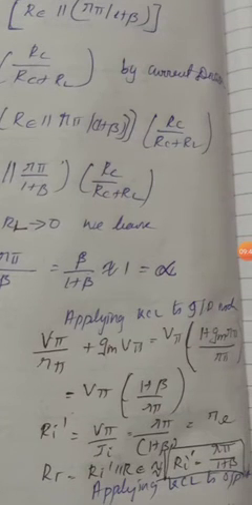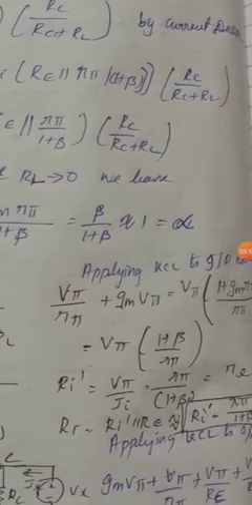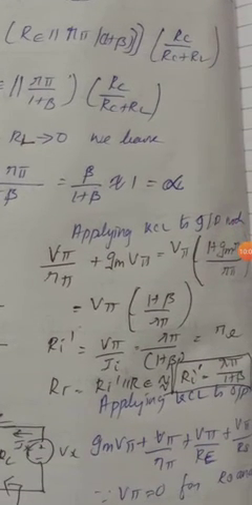This is V pi R pi divided by 1 plus beta, which is approximately RE. Next, Ri can be given as Ri dash parallel with RE, which is approximately equal to RE only.